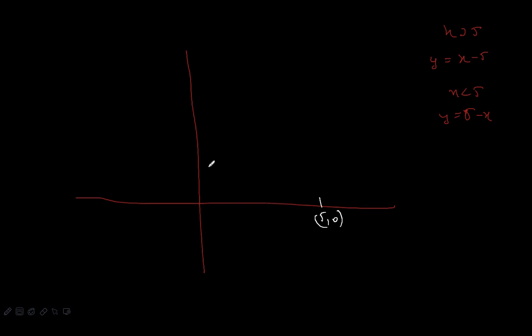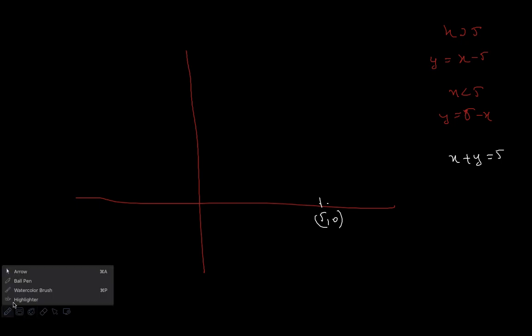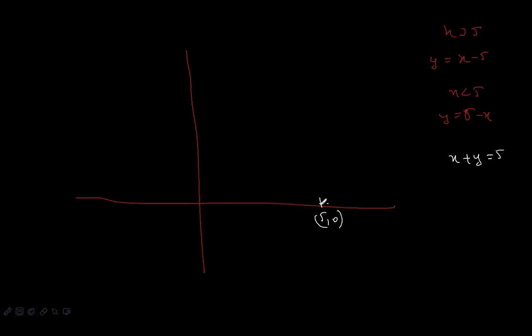This region is x greater than 5. For x less than 5, y equal to 5 minus x, so the equation will look like x plus y equal to 5. And the equation y equal to x minus 5 for x greater than 5 is like this. So this is the graph of y equal to mod of x minus 5.